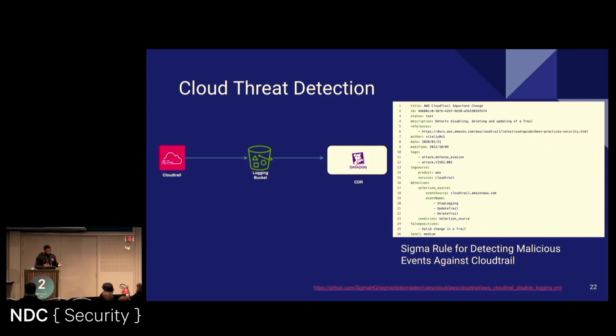And most of them are also using Sigma rules. Sigma rules are a way where you can analyze different kinds of log formats and figure out when bad things are happening. If you look at lines 20, 21, 22, they are looking at CloudTrail event names: StopLogging, UpdateTrail, DeleteTrail.